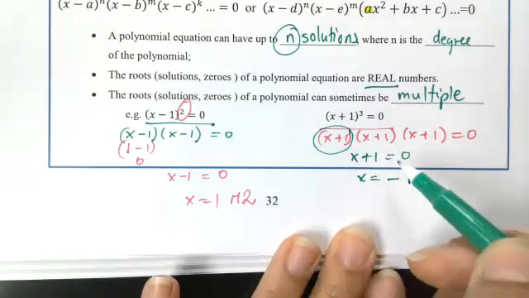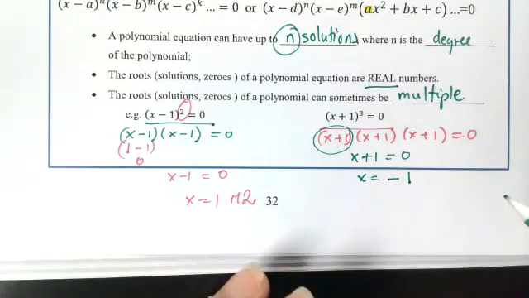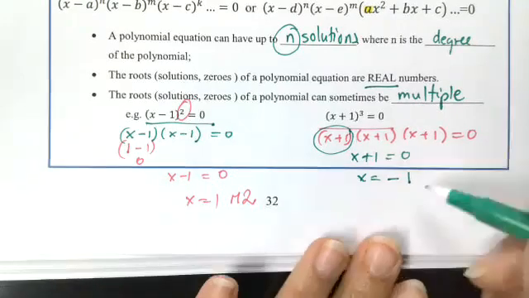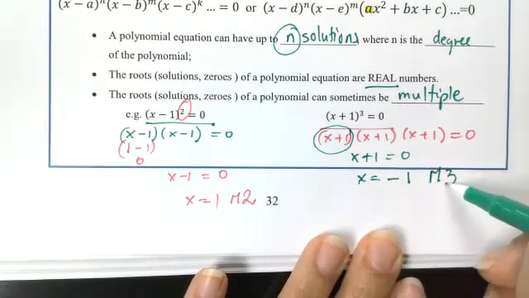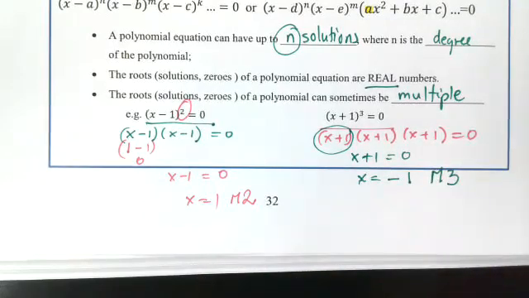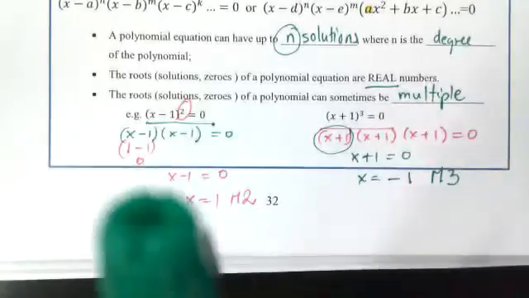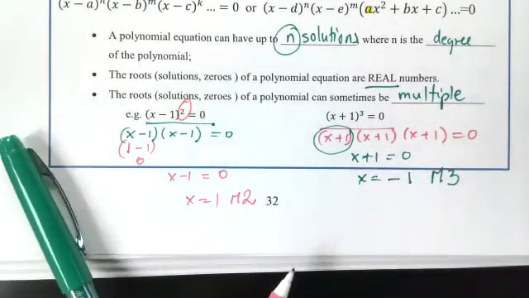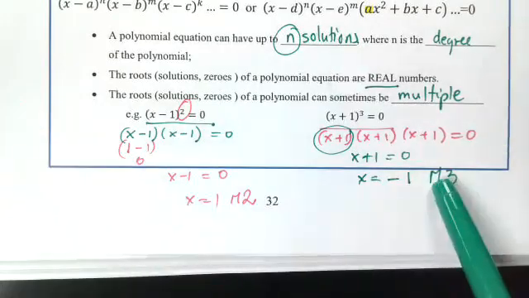And then you can take the second x + 1 and repeat the same process if you want, but notice it's the same thing, so you don't really have to. All you have to do is notice it's going to happen 3 times. So that's called a root or a solution. That's a multiplicity of 3, an odd multiplicity. It will mean something for us again later on if it's odd or even. Okay, but yeah, it happens 3 times.